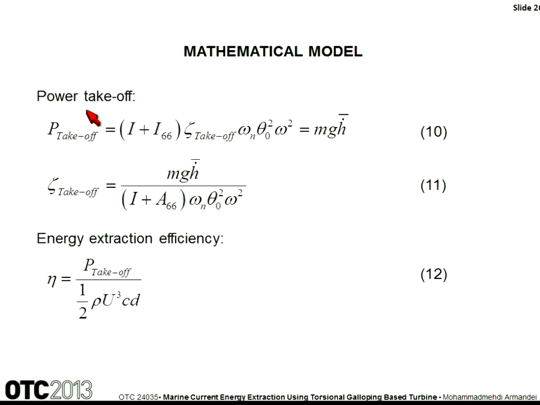Also, we can set the total power equal to the rate of potential energy of the weight. Therefore, in this way, we can identify the power takeoff damping ratio.